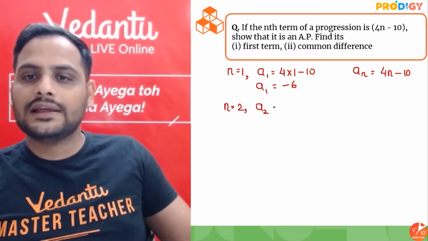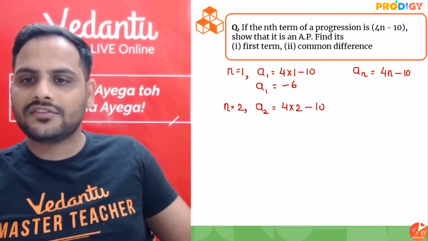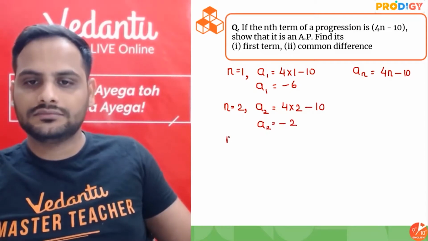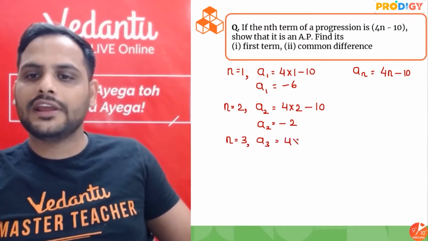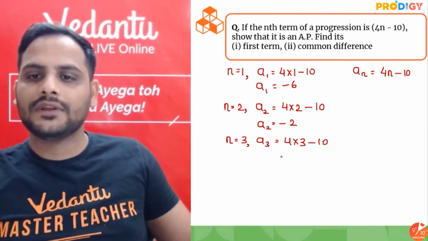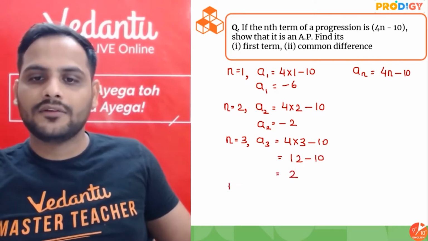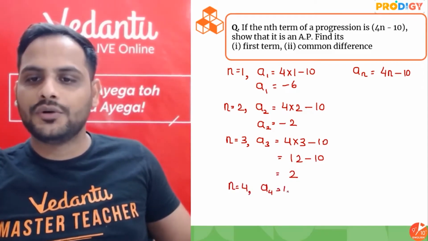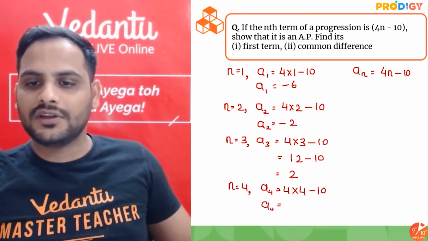Let's look at the second term. a2 is equal to 4 into 2 minus 10, which is minus 2. Third term, a3, 4 into 3 minus 10, which is 12 minus 10, which is equal to 2. Fourth term, a4 will be equal to 4 into 4 minus 10, which is 6.